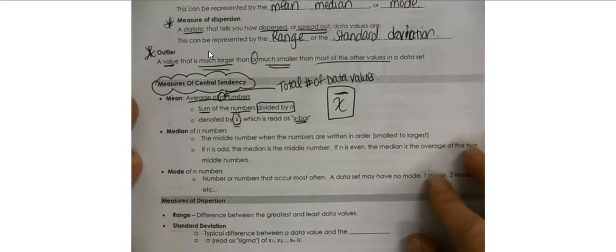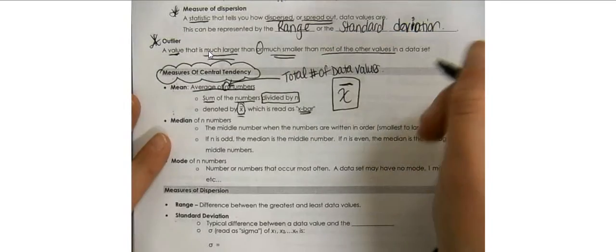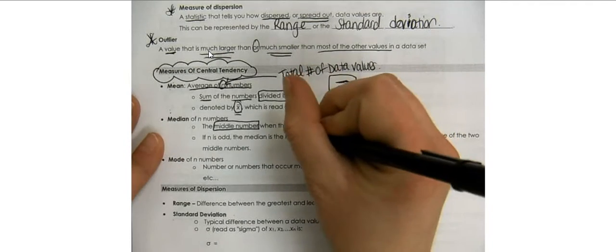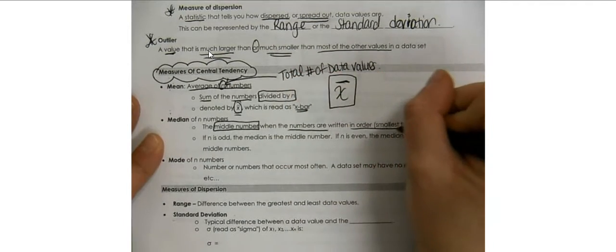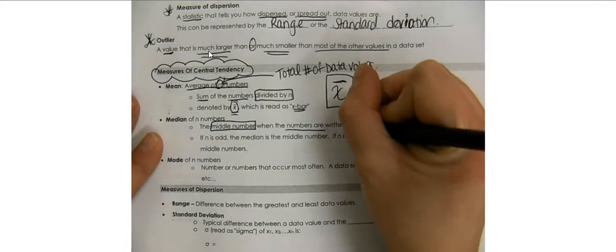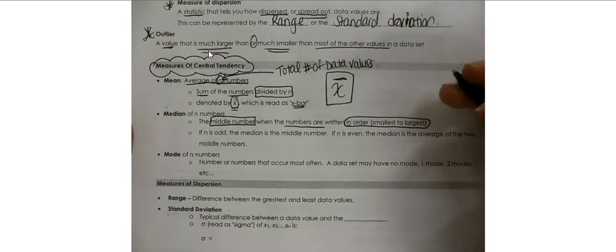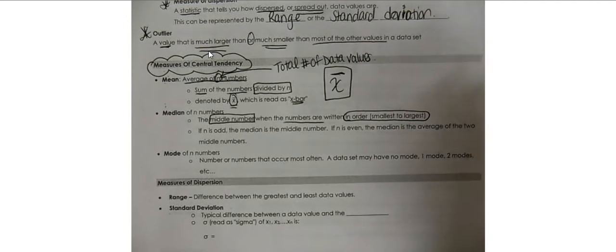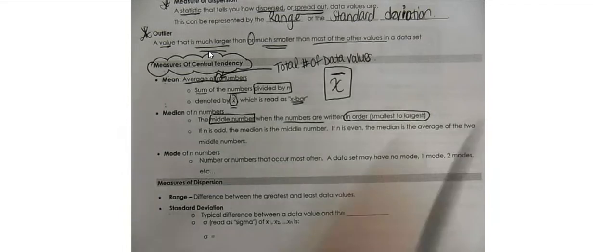The next word is median. Median of a set of n numbers is essentially the middle number when the numbers are written in order from smallest to largest. Sometimes your data values are not going to be written in smallest to largest or largest to smallest. You will need to make sure that you reorder your numbers in a way that makes sense.